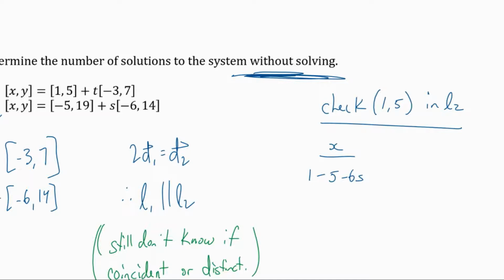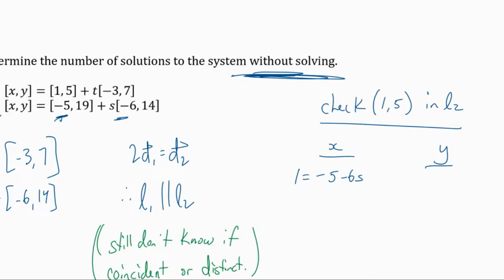And then for the y's, sorry, what am I doing here? 1 equals negative 5. So I'm checking it in line 2, and this is the x part of line 2, right? And then the y is the y part of line 2. So 5, the y coordinate, equals 19 plus 14s.